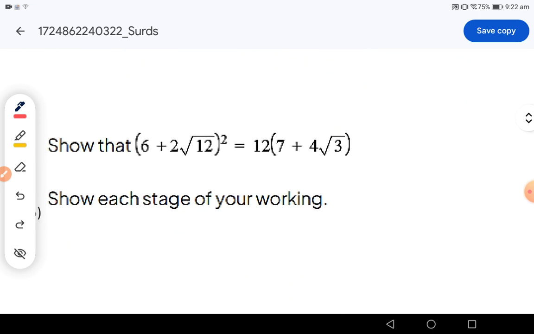Next question, (6 plus 2 root 12) whole square equals 12 into 2 plus 7 plus 4 root 3.